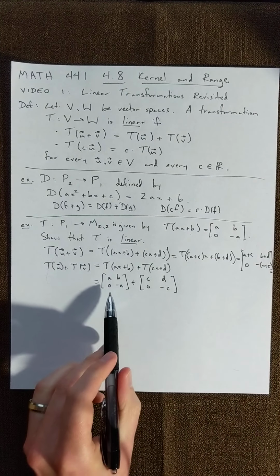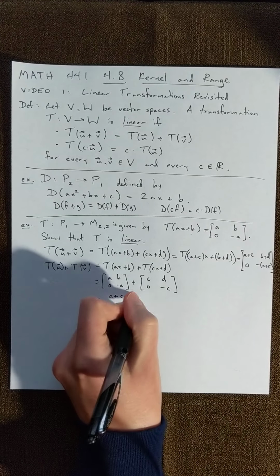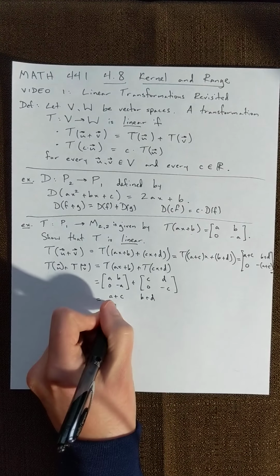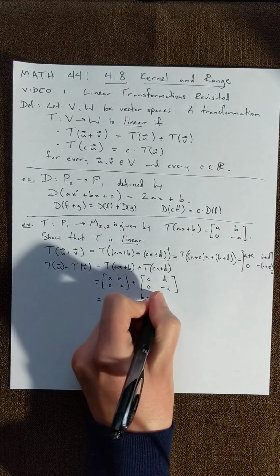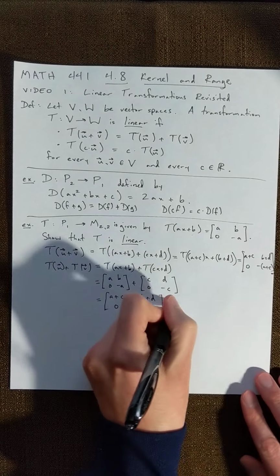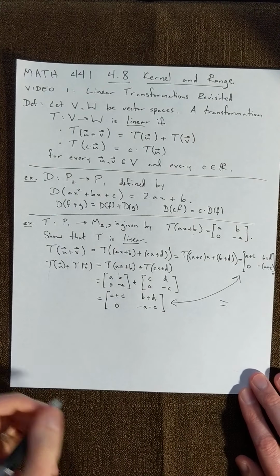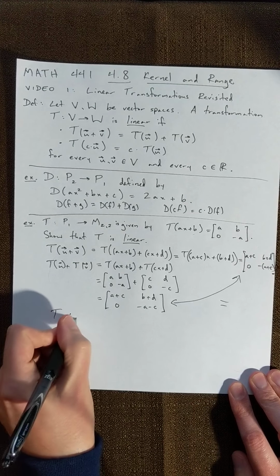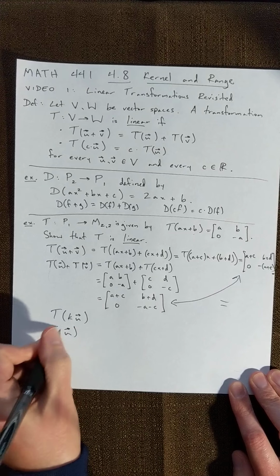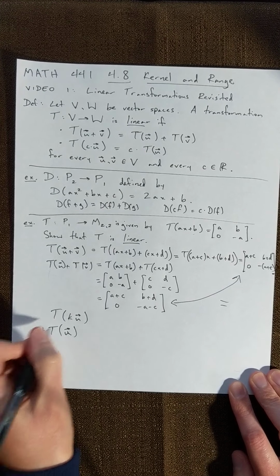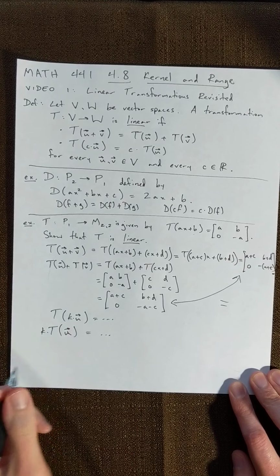And then matrix plus matrix, we add corresponding entries, so that would be a plus c, b plus d, 0 plus 0, and negative a plus negative c. And you'll notice these two are equal. We would also have to show T of ku and k times T of u give you the same thing. I'm going to skip that for now.